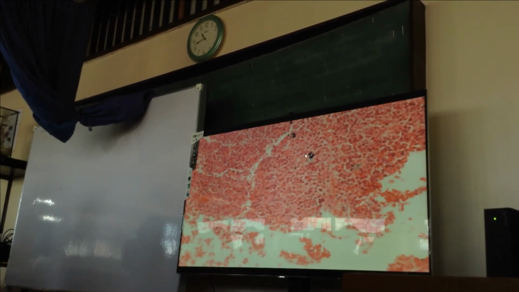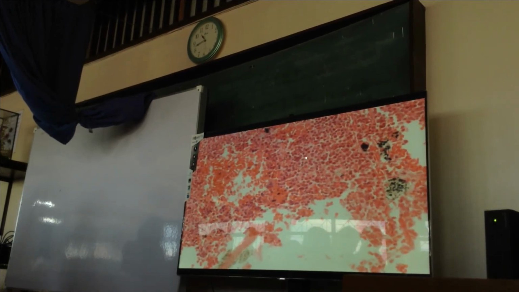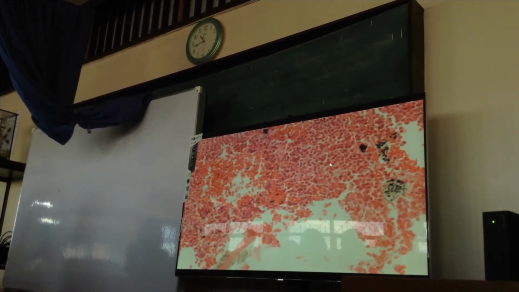So the dead cells are characterized by the absence of the nucleus, such as the cells pointed. And then the cells below are prominently displaying their nuclei, indicating that they are still alive.